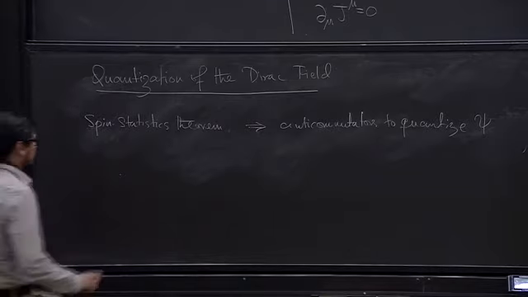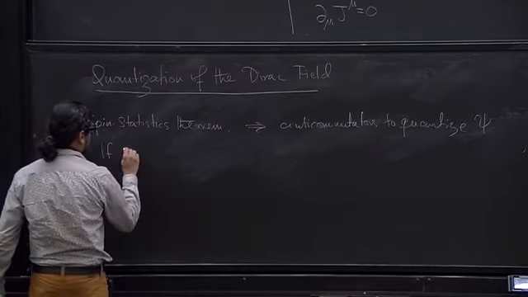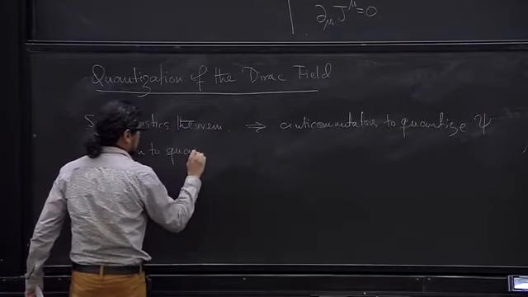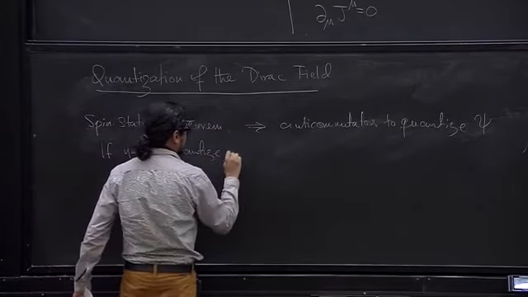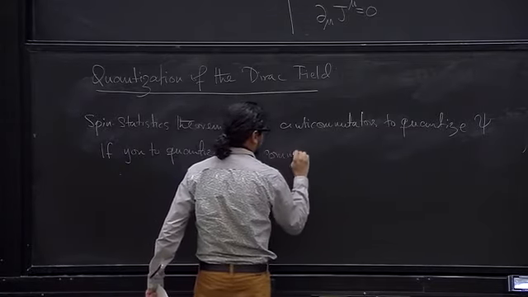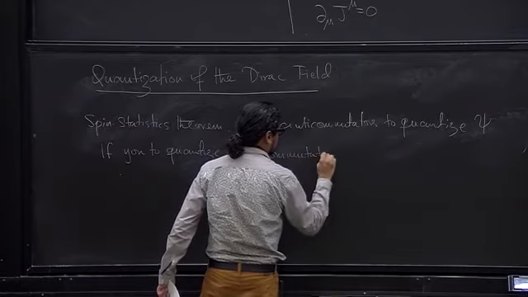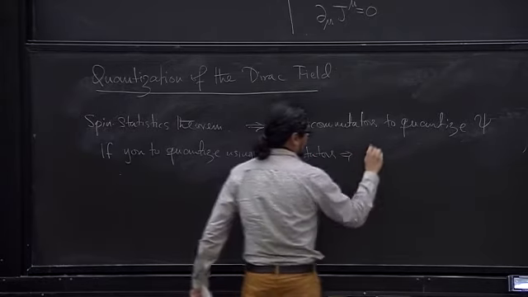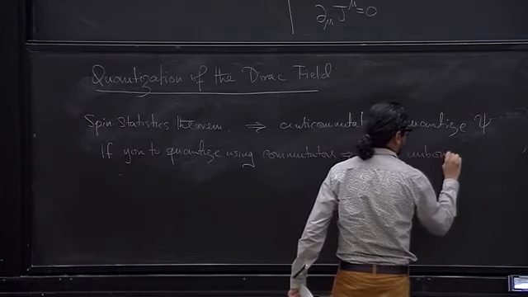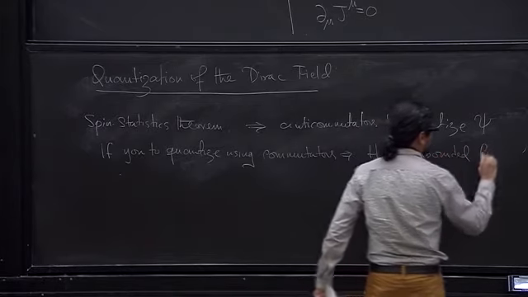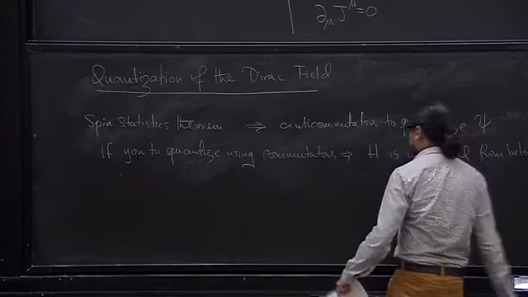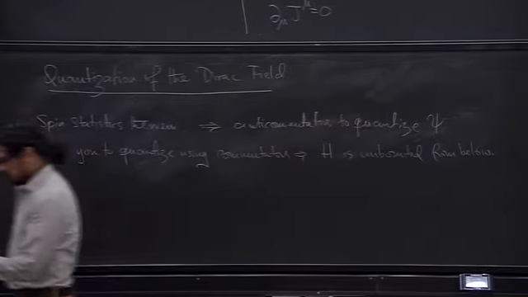For example, if you try to quantize using, say, a commutator, then the Hamiltonian becomes unbounded from below. So we better quantize using anti-commutators.